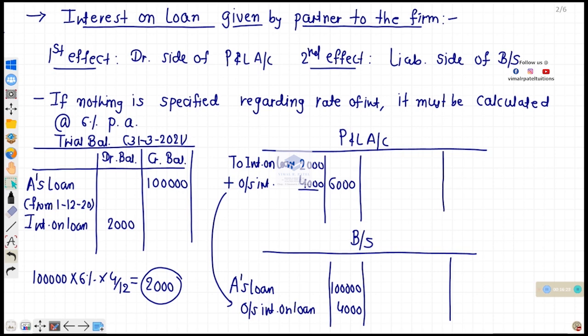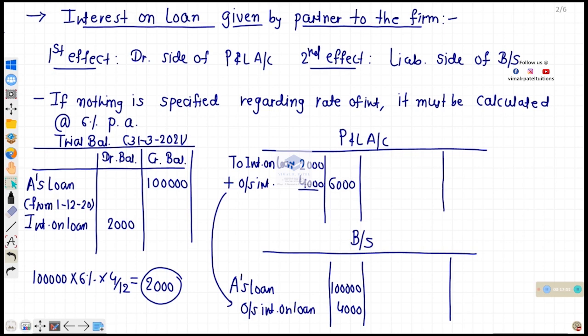Any asset brought in by partner to the business. If a partner has introduced any asset, for example partner A has brought his personal computer worth rupees 1 lakh to the business, its first effect will be on the asset side, computer, because it is an asset, 1 lakh, and second effect will be on the credit side of either capital account or current account of the partner, especially capital account because this is additional capital.